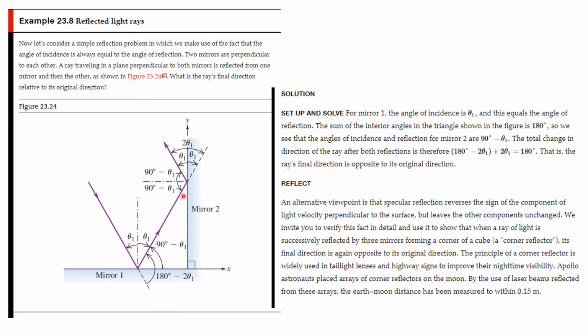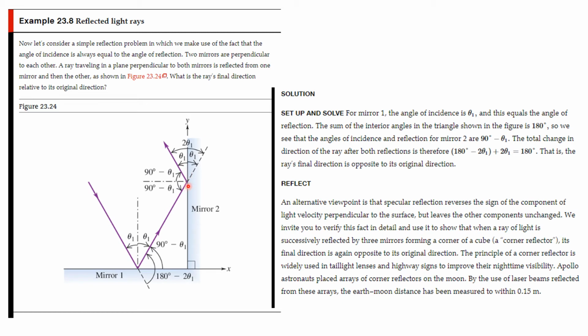And that means that this up here, you see this dotted line is parallel to this mirror. So this is also going to be 90 minus theta 1. And that's the angle that we hit here. But then it's going to be reflected at 90 minus theta 1 at this one as well.